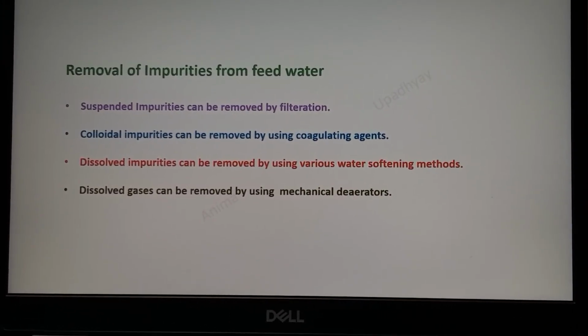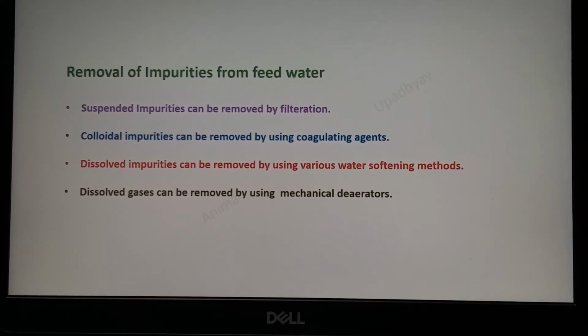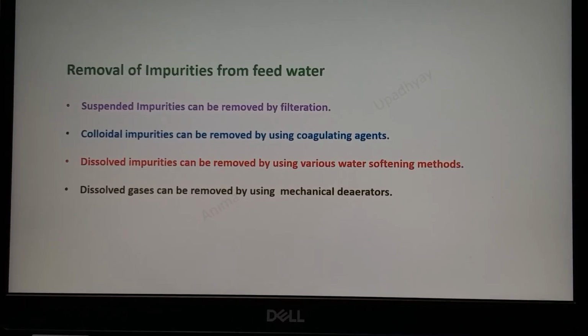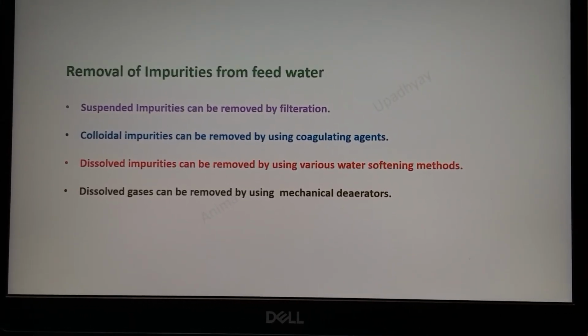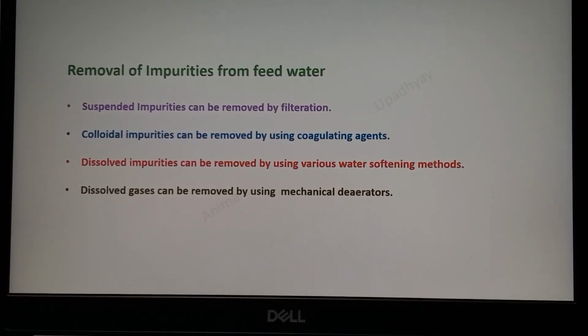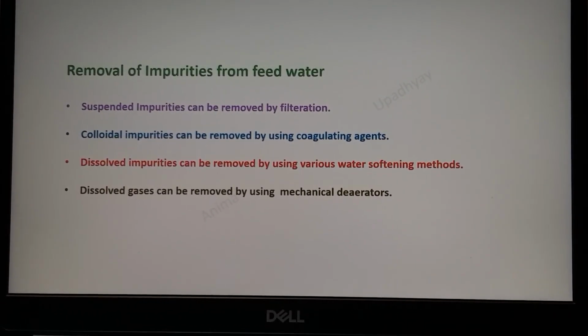But if it contains dissolved impurities, then it is very difficult to remove. Then we have to use water softening methods like lime soda process, zeolite process, ion exchange resin process.